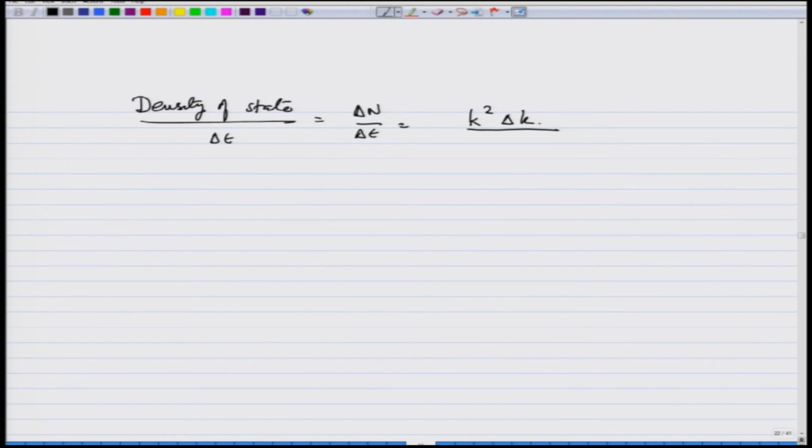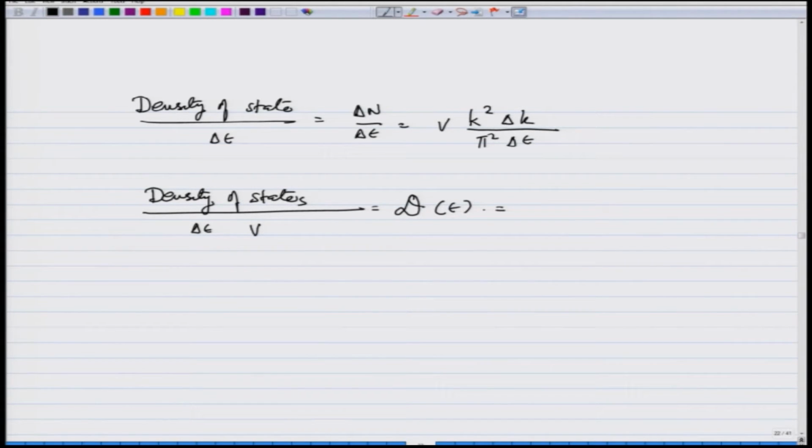So, if I were to calculate the density of states per unit energy range, delta n over delta E will be k square delta k over pi square delta E times V. So, density of states per unit delta E per unit volume, which is usually written as g of epsilon, comes out to be, and I will leave it for you, proportional to some constant which depends on m and h cross and everything times the square root of epsilon.